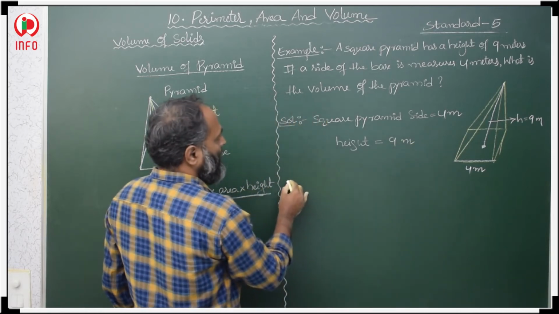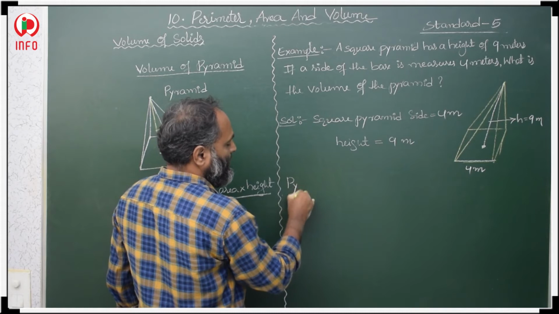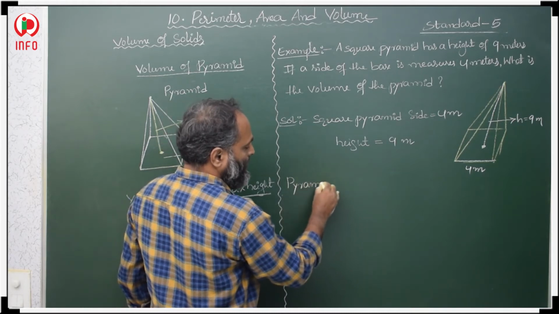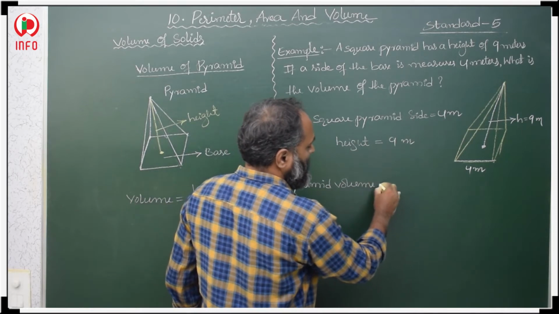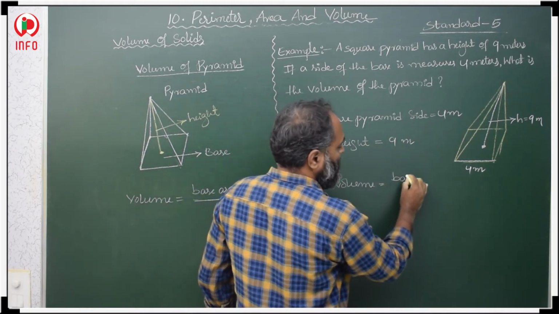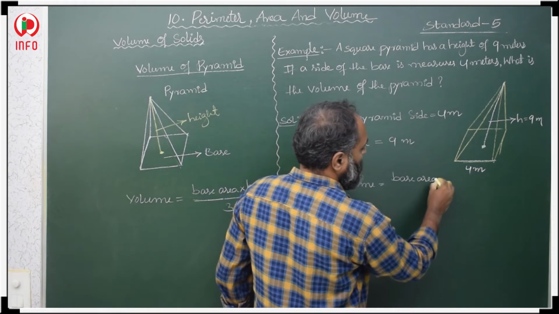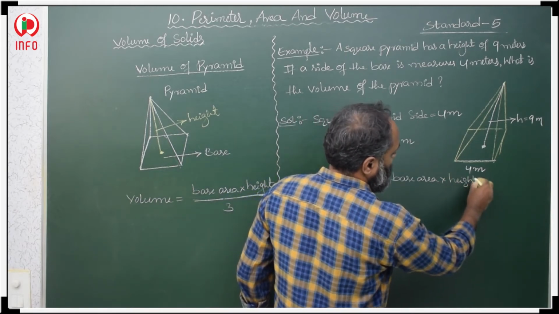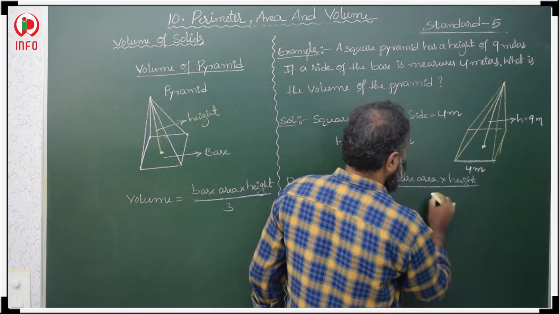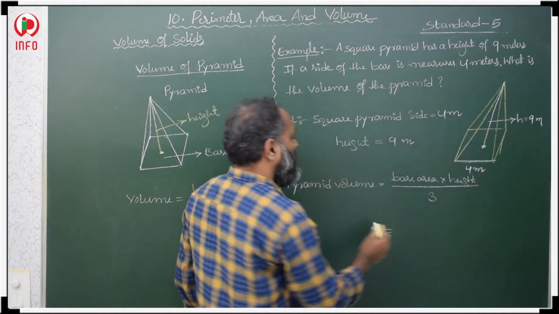Then pyramid volume is equal to base area into height divided by 3. What is the base?